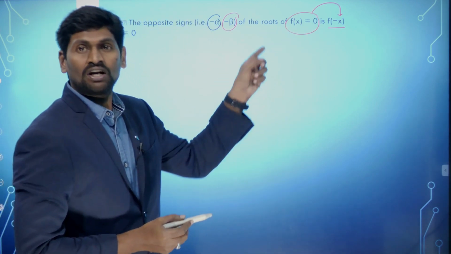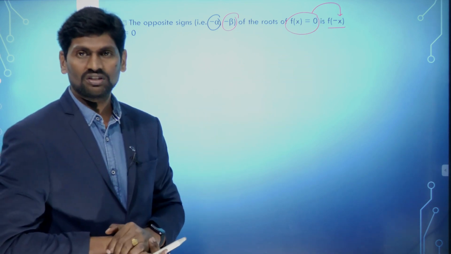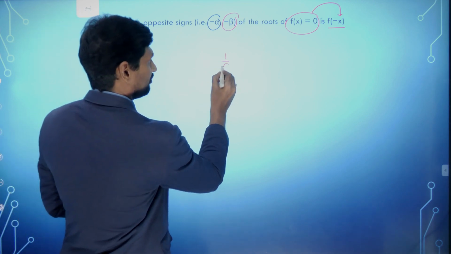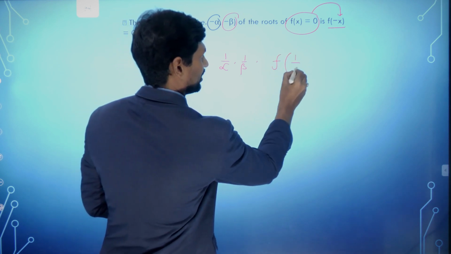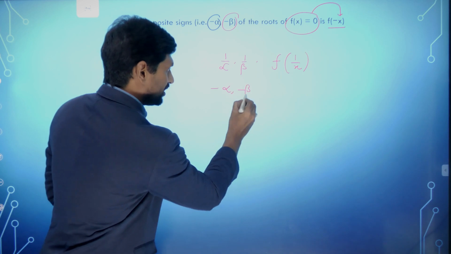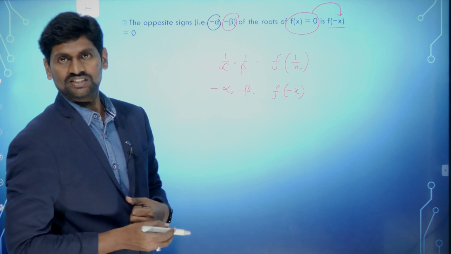Then minus alpha minus beta is f of minus x. Okay? Yeah. 1 by alpha, 1 by beta means quadratic equation is f of 1 by x. Minus alpha minus beta, then the quadratic equation is f of minus x.